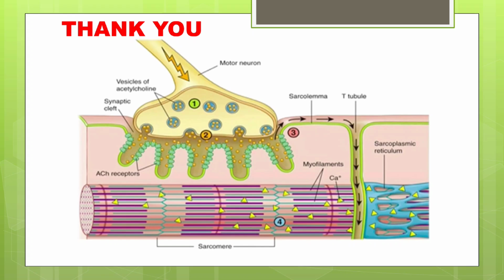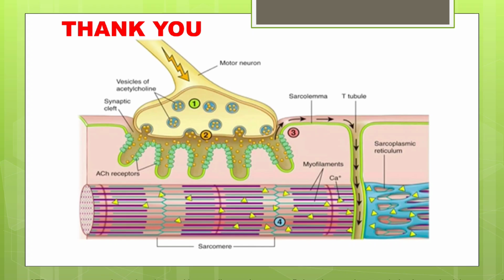As mentioned, today's topic is about the mechanism of muscle contraction. To summarize, muscle contraction and relaxation involve converting chemical energy into mechanical movement. Contraction begins with an electrical stimulus from the brain and spinal cord, transmitted via motor nerves, leading to depolarization and calcium release from the sarcoplasmic reticulum.